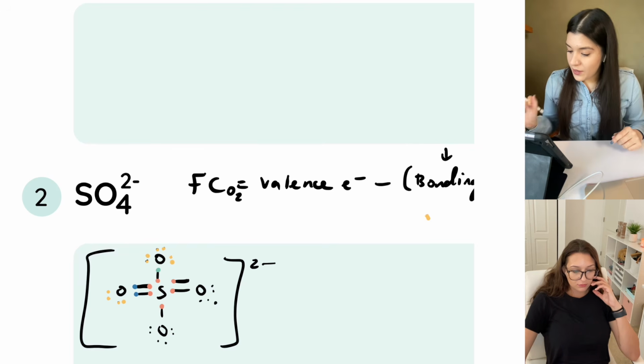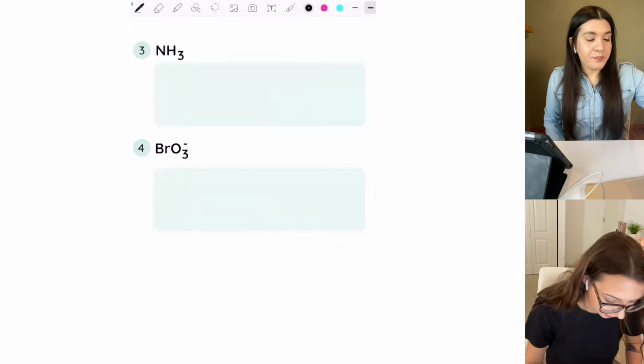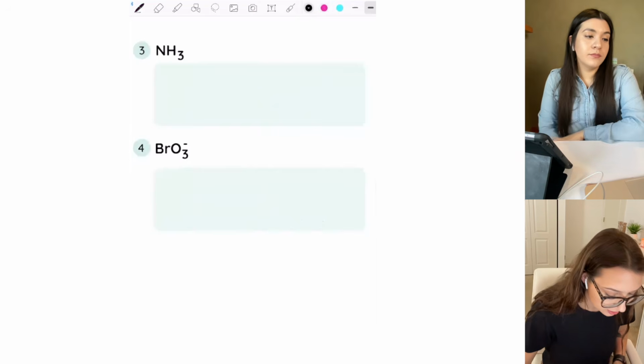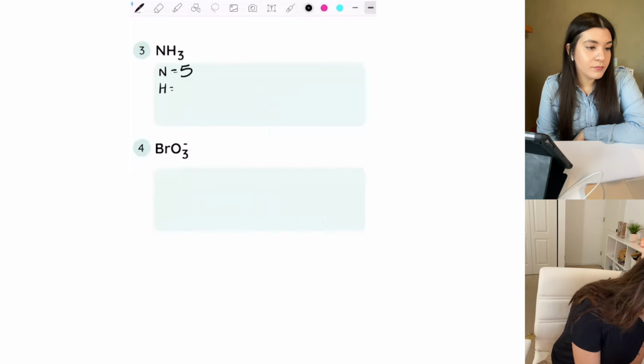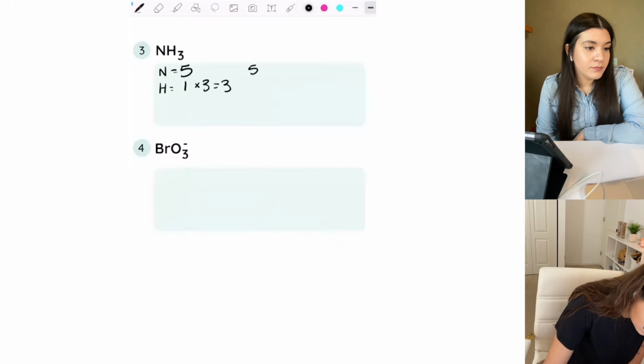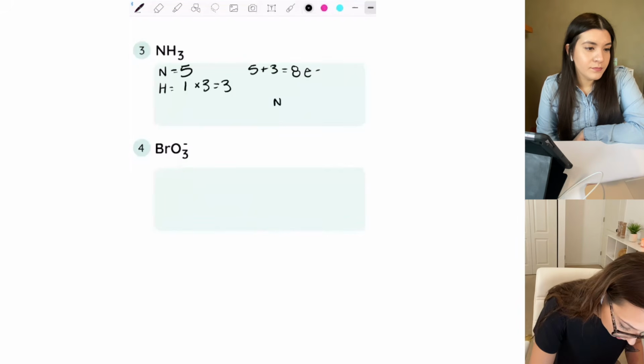But perfect. Okay. So the next ones I'm going to have you continue on. So we have nitrogen. Nitrogen has 1. Good. Okay, so our central atom is nitrogen.